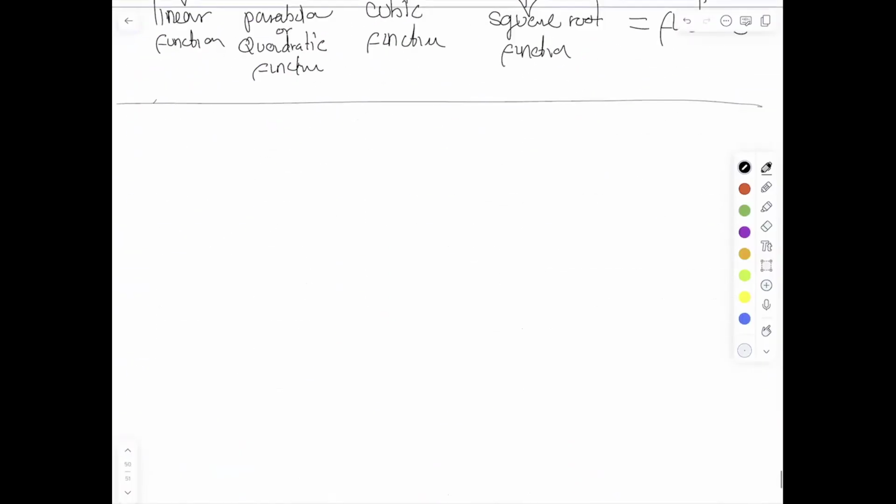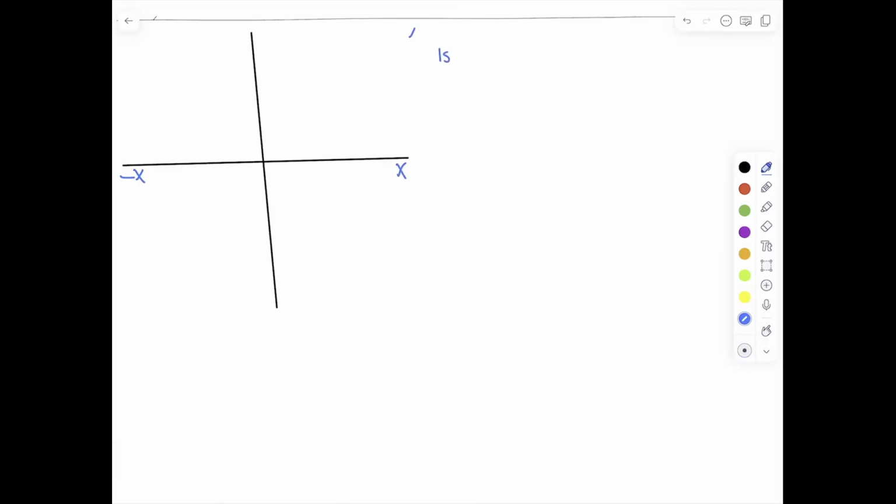We just learned about functions. Now let's talk about domain. The x-axis is domain. So what is domain?